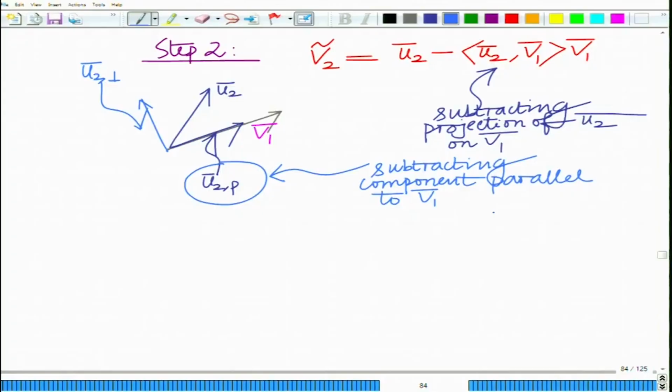Okay, and that is what the Gram-Schmidt orthonormalization procedure is achieving. And of course, now we have to ensure unit norm. So now v2 bar equals v2 tilde divided by the norm of v2 tilde, and this makes it unit norm.